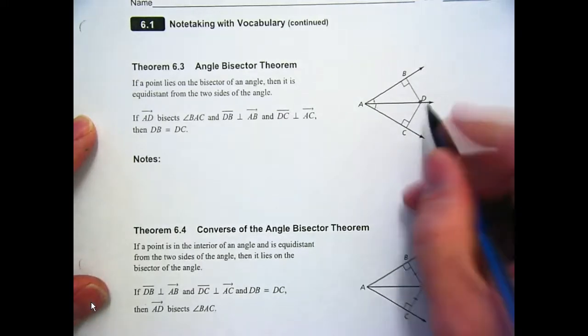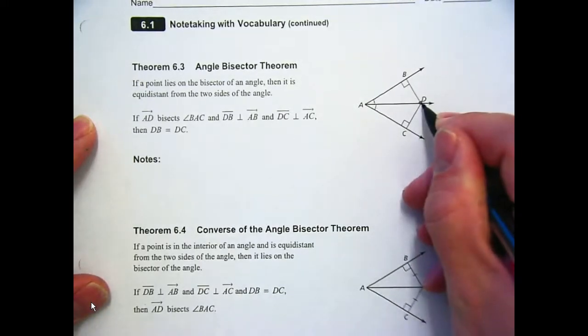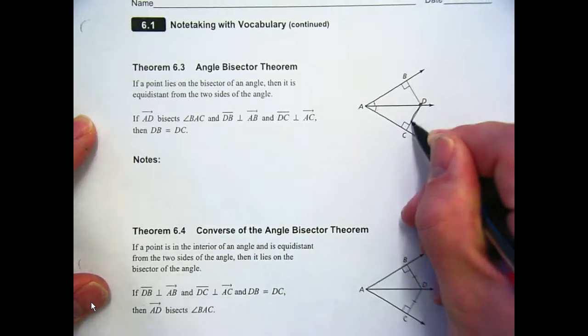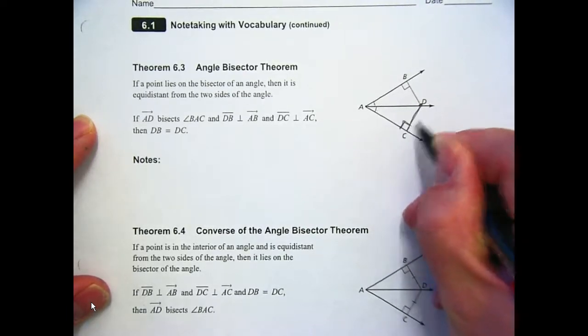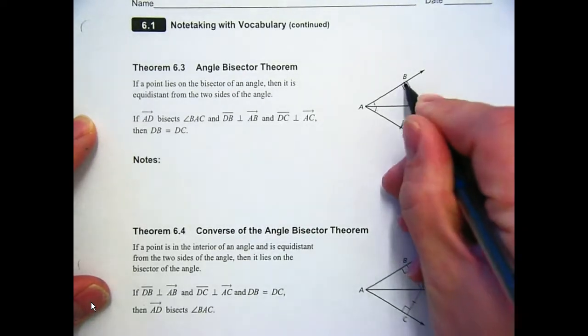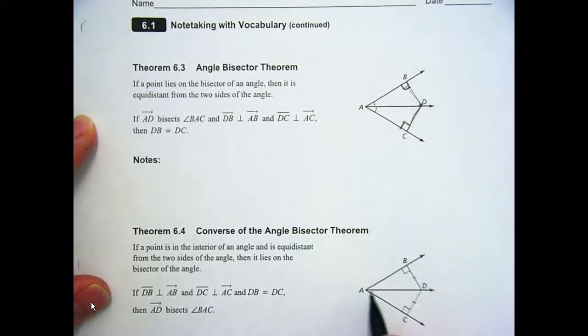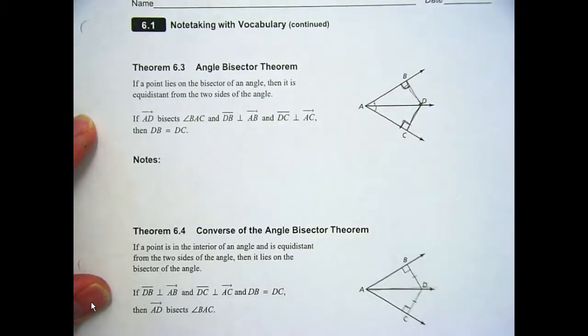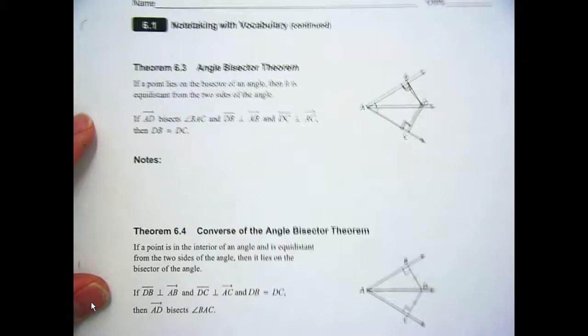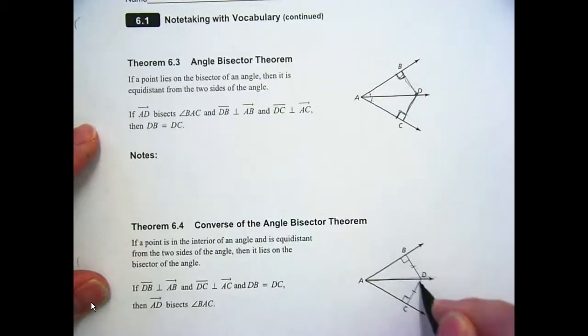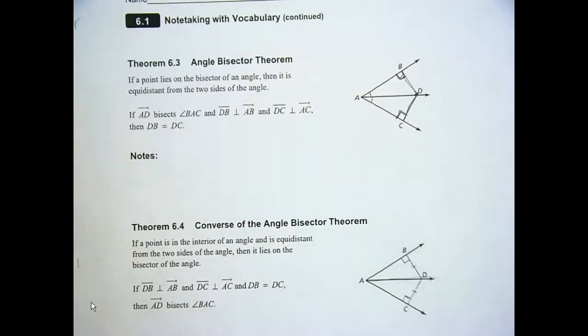However, the little caveat here they don't talk about is that this distance has to be drawn at a right angle to that side length. And it has to be drawn at a right angle to that side length as well. So it has to go from that angle bisector and hit at a right angle on both. Okay, and then you have the converse of that. If this is equidistant, then the point lies on the angle bisector.